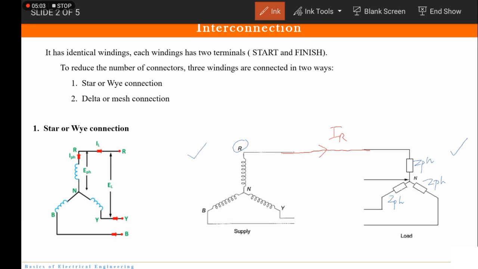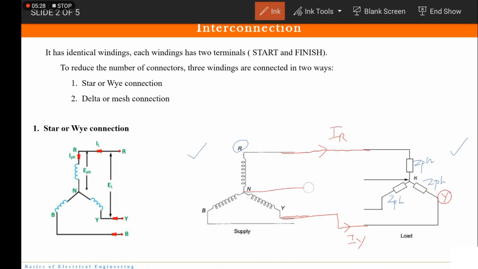Secondly, we have the Y winding, correct? Here the Y point is this, and here the Y point is this, right? So we will be connecting this, and here the current is IY. Fine, okay.